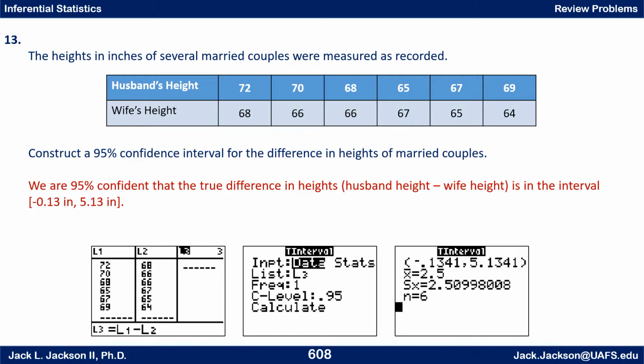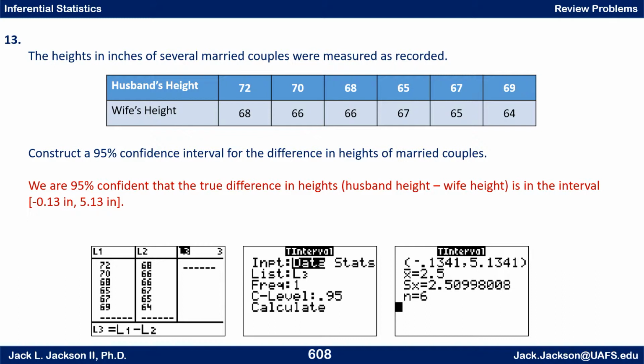So we're 95% confident that the difference in height is anywhere from the husband being 0.13 shorter up to being 5.13 inches taller than the wife in this setup here.